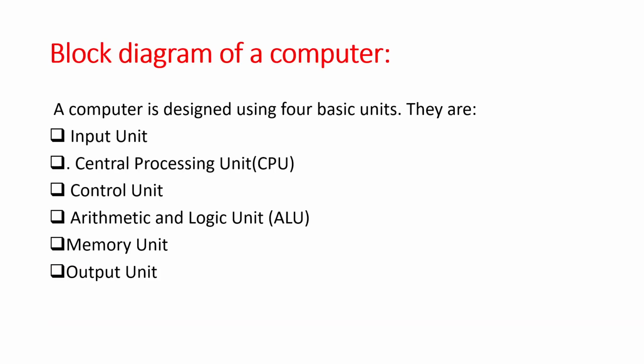Next topic is the block diagram of computer. The units in the block diagram are the input device, central processing unit (CPU), then control unit (CU), arithmetic and logic unit (ALU), memory unit and output unit. These are the units included in the block diagram of the computer system.